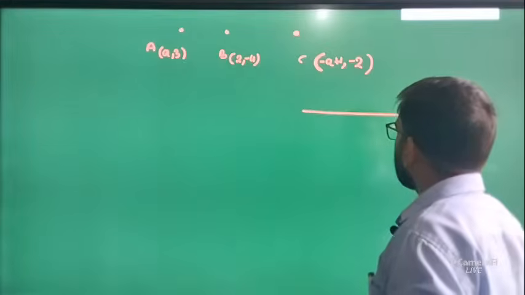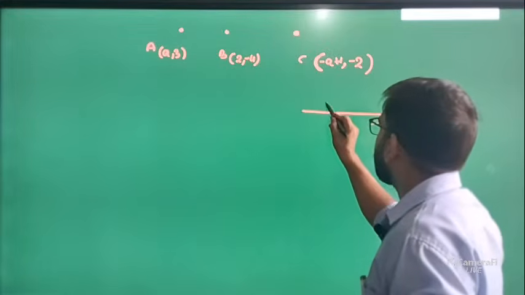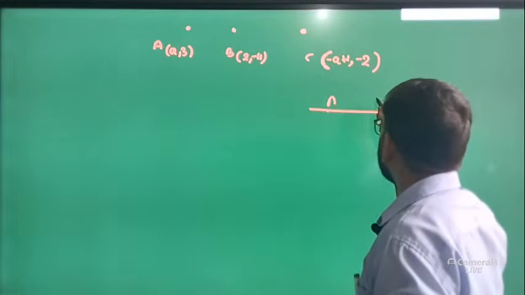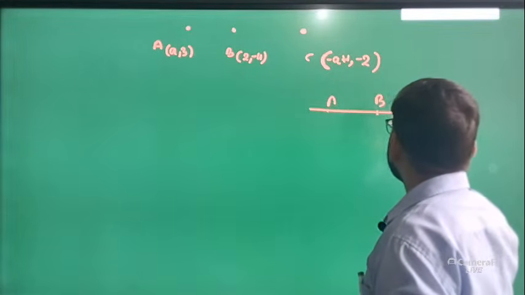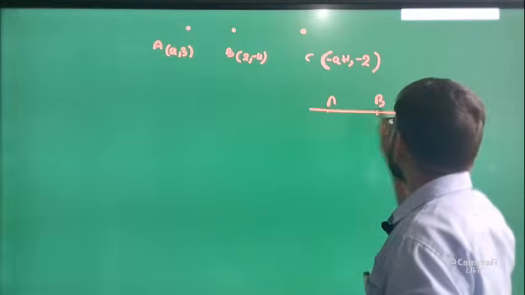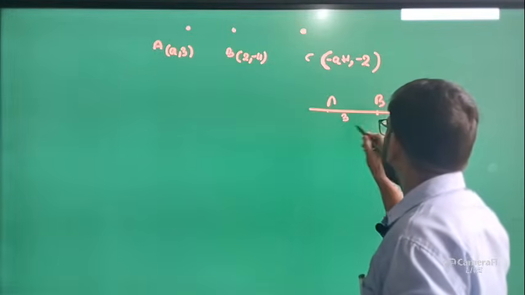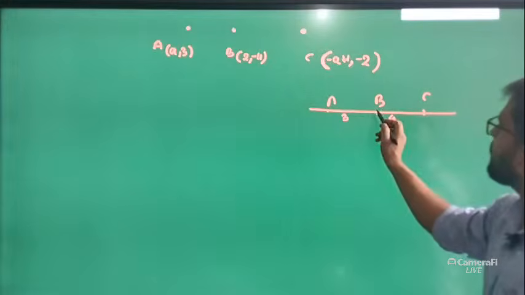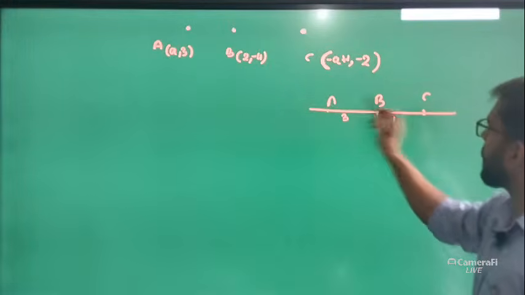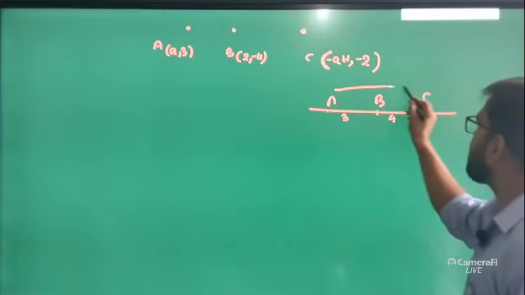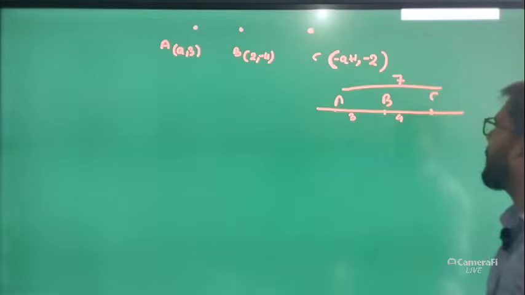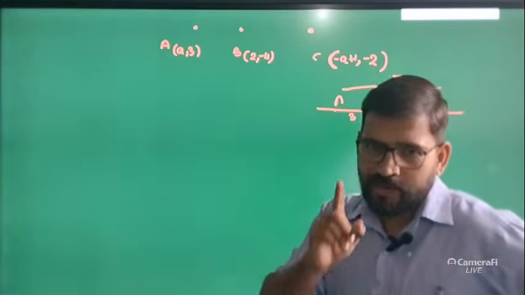Let us say ये point A है, this is your point B, and this is your point C. Let us say AB की लेंथ है 3 and BC की लेंथ है 4. So if AB plus BC is equal to AC, that means AC must be 7.